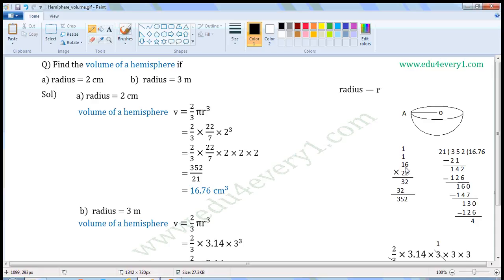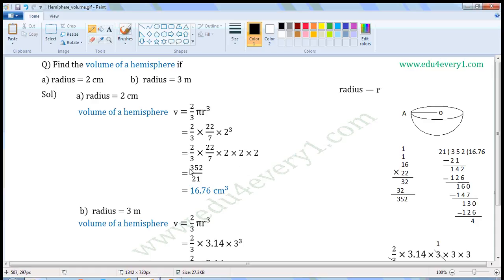Again 2 into 6 is 12, write 1 here, leave 1 space and write 2 here. 2 into 1 is 2, 2 plus 1 is 3, so write 3 here. Now the multiplication part is completed. We have to add these numbers. There is 2 here, so write 2 here. 3 plus 2 is 5, so write 5 here. There is 3 here, so write 3 here. 16 into 22 is 352.